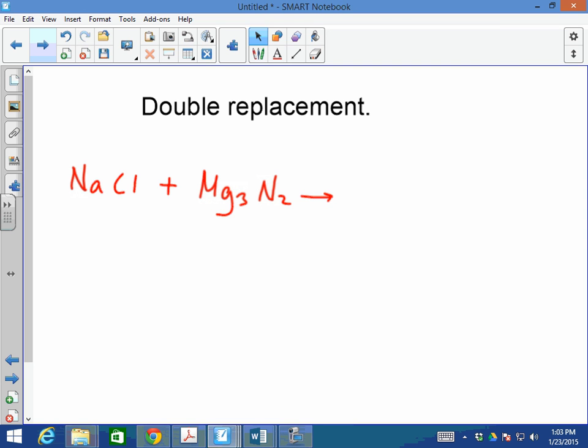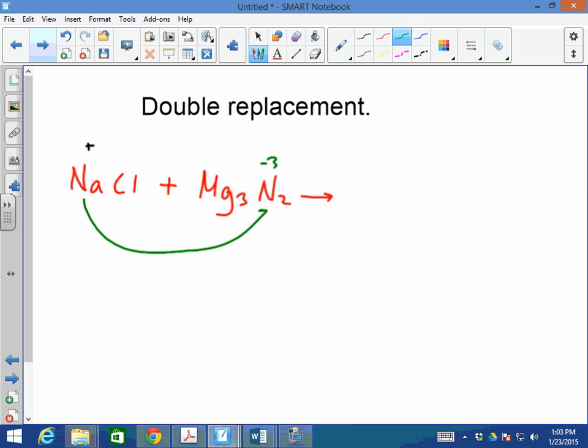What's going to happen is this metal will combine with the opposite non-metal. So this metal will go with that non-metal. Therefore, we end up with Na3N, sodium nitride.